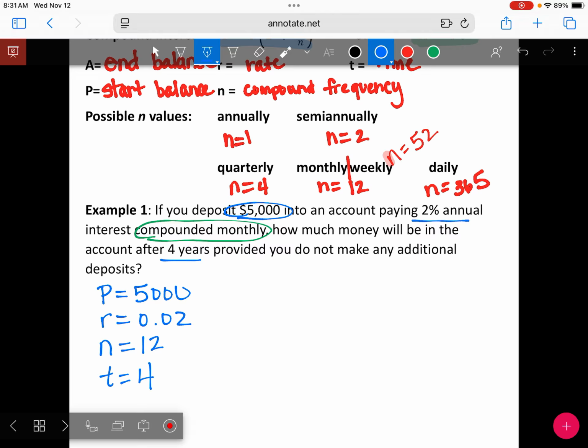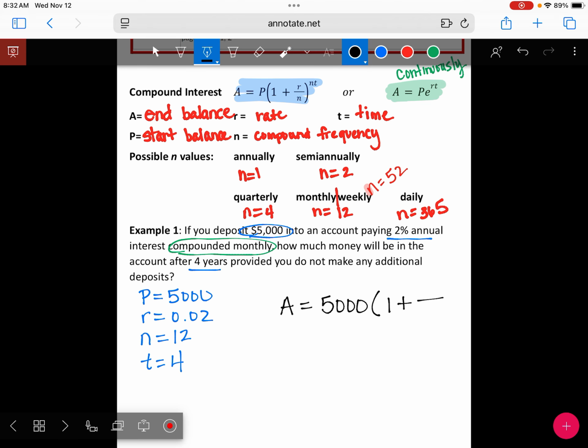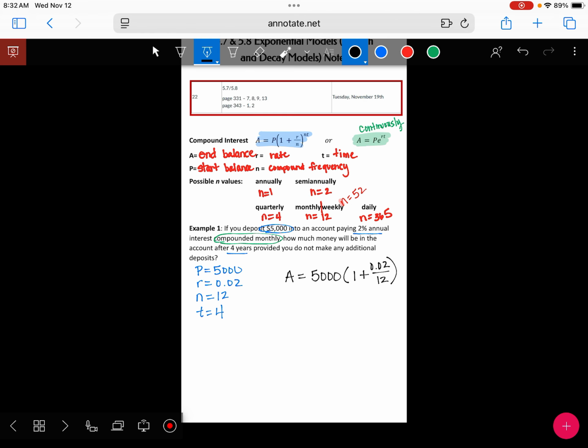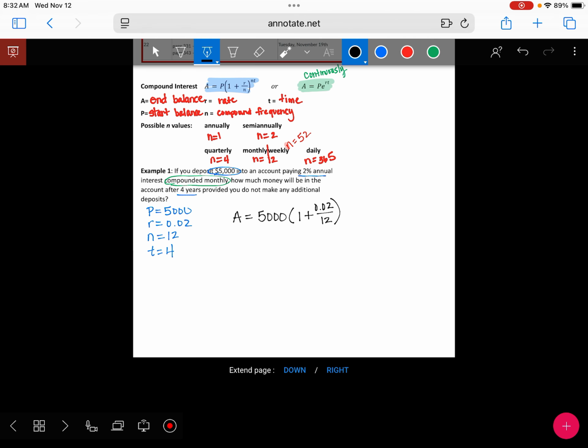All right, so to figure that out, we're going to set it up. A equals, you got $5,000 times 1 plus, hit your fraction, and then you have your rate at the top over 12. And that's raised to, hold on, I need some more space.